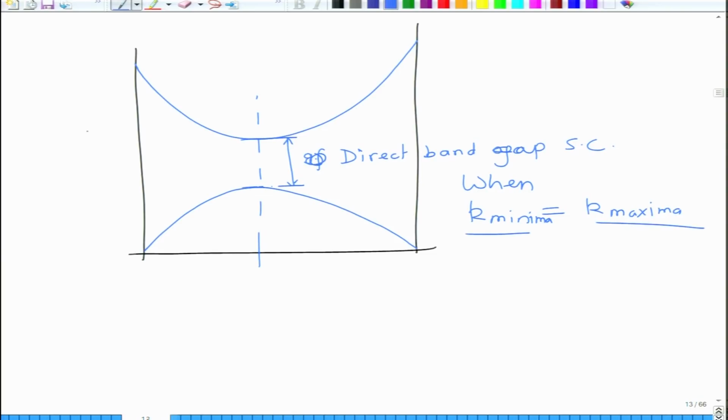There is no difference in these two K values. So, this is E, this is K. This is a direct band gap semiconductor.